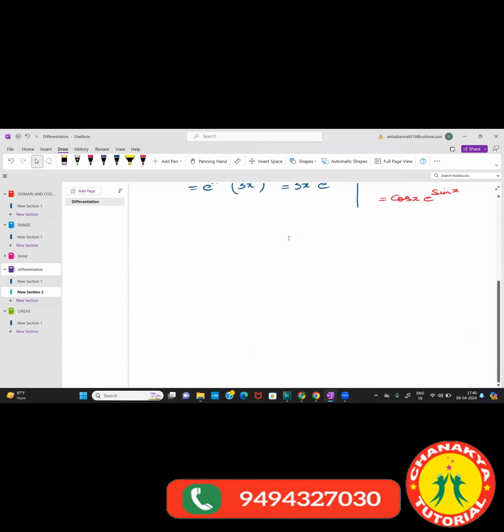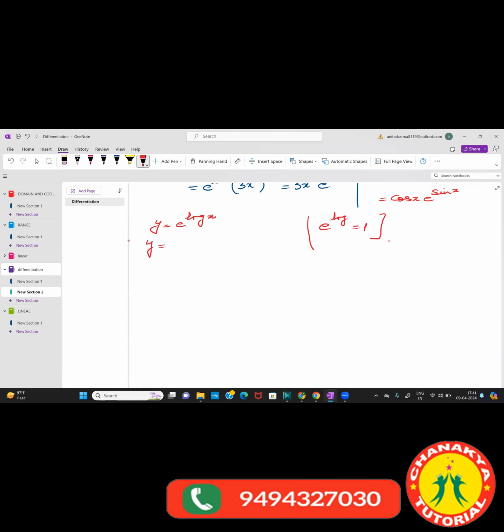Now tell me, if I am writing y is equal to e to the power log x. Always remember, e to the power log x is always equal to x.